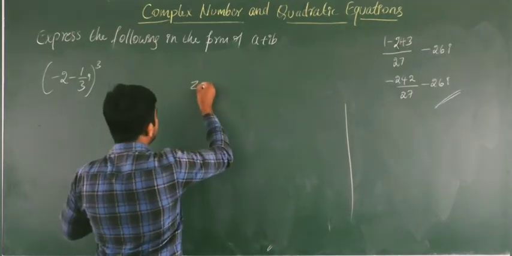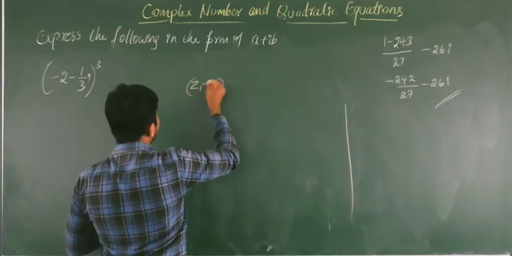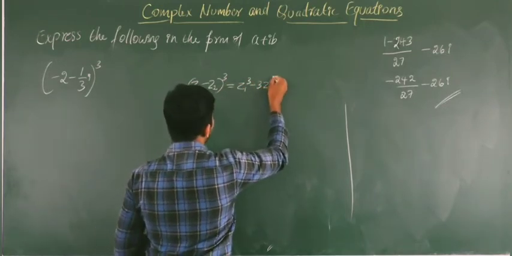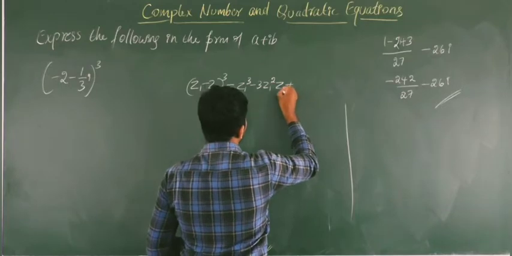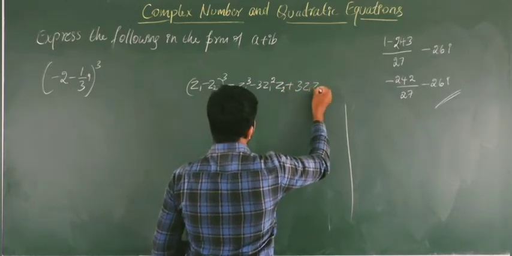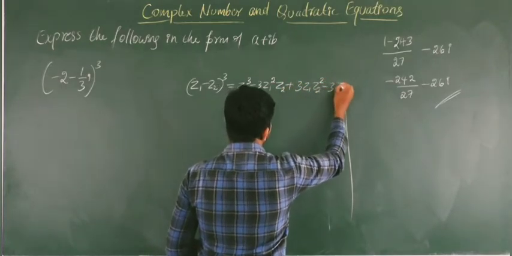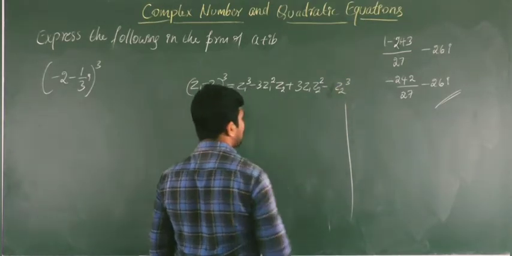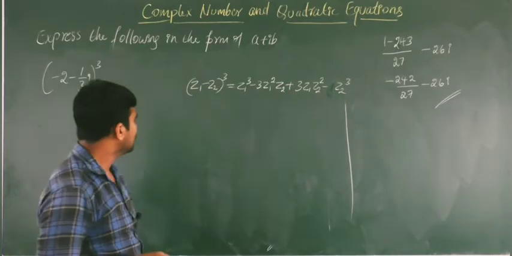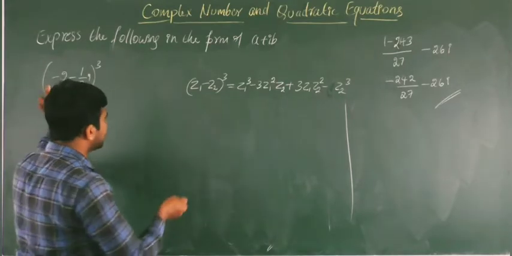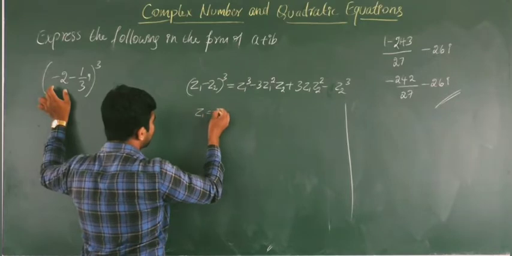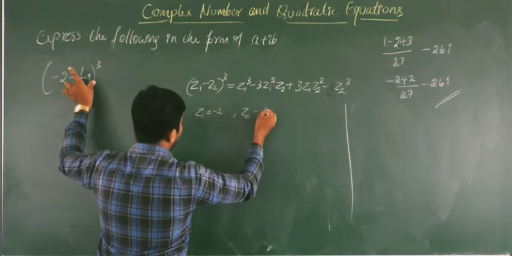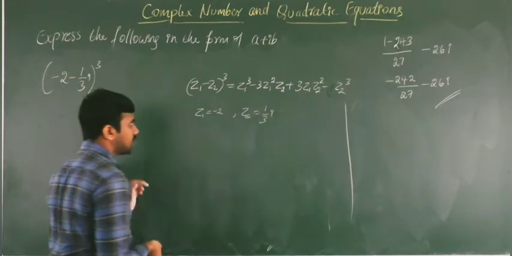We know (z1 - z2) whole cube is nothing but z1 cube minus 3 z1 square z2 plus 3 z1 z2 square minus z2 cube. This is the formula. So consider z1 is the first term, that is minus 2, and z2 is the second term, that is 1 by 3i. Okay.